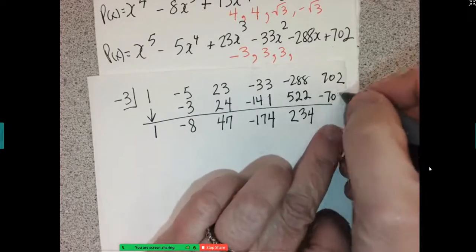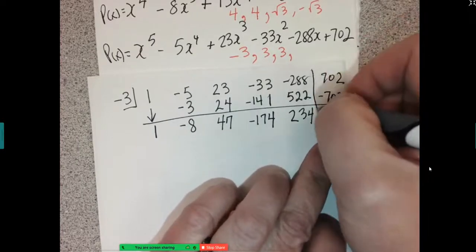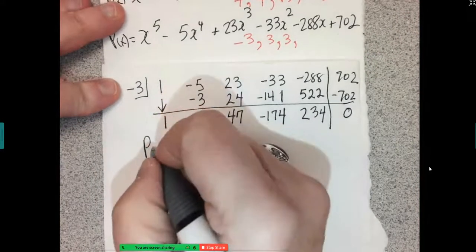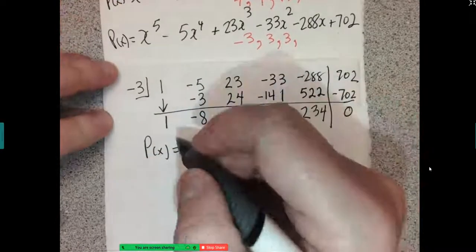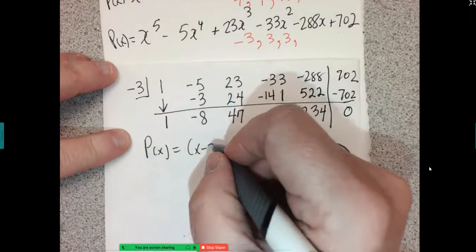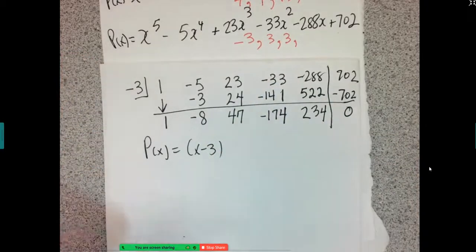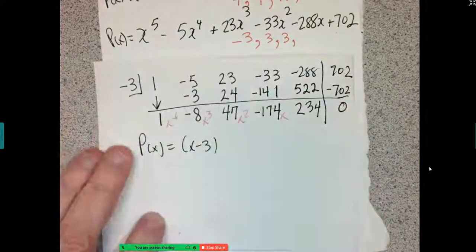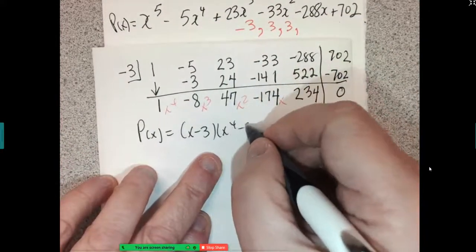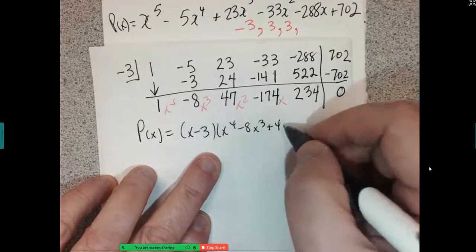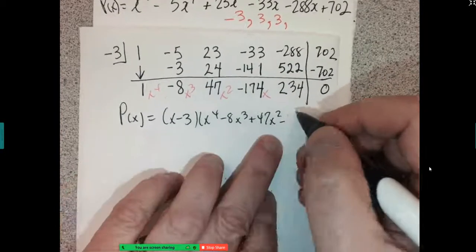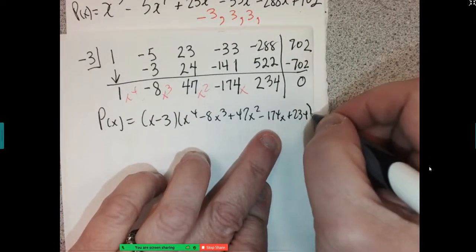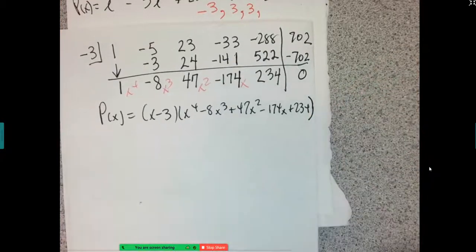Okay. So that is correct. So I can rewrite this as x minus the number in the box times the quotient, plus a remainder, which is 0.